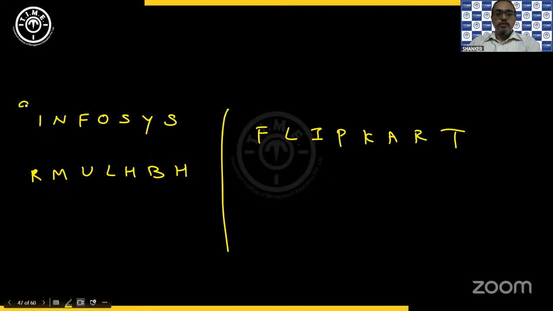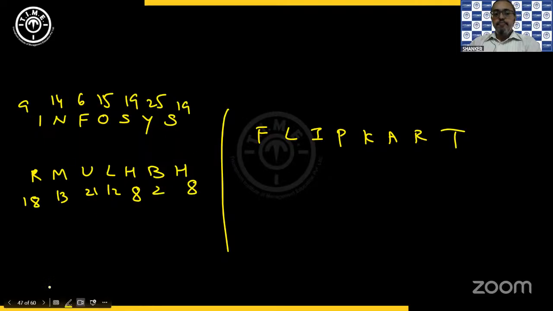Flipkart. Okay. So this is 9 and 18, 14 and 13, 6 and 21, 15 and 12, 19 and 8, 25 and 2, 19 and 8. So what do you see here? You see that they all are opposite pairs. Means these two alphabets, I and R, have the same position from opposite ends, or their summation is 27.